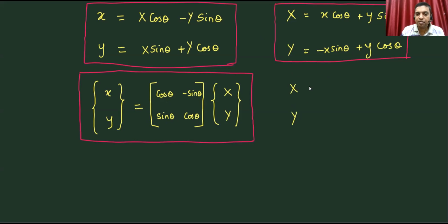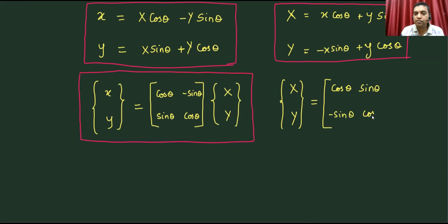Capital X, capital Y is equal to, in matrix form, cos theta, sin theta, minus sin theta, cos theta, multiplied by the old.